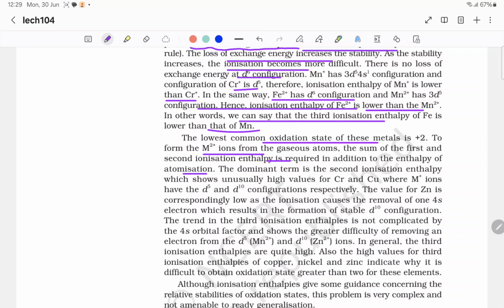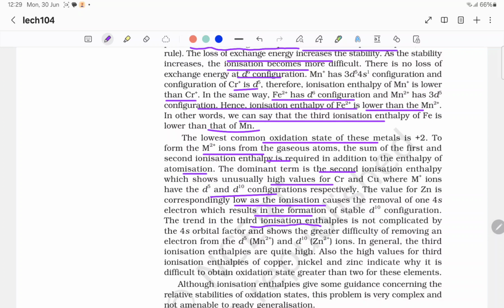The dominant term is the second ionization enthalpy, which shows unusually high values for chromium and copper, where M+ ions have d5 and d10 configuration respectively. The value for zinc is correspondingly low as the ionization causes the removal of one 4s electron, which results in the formation of stable d10 configuration.